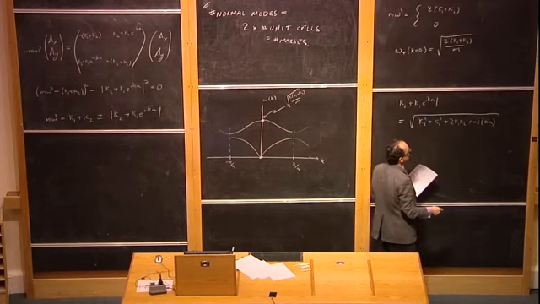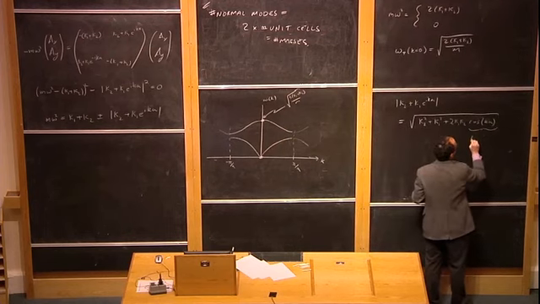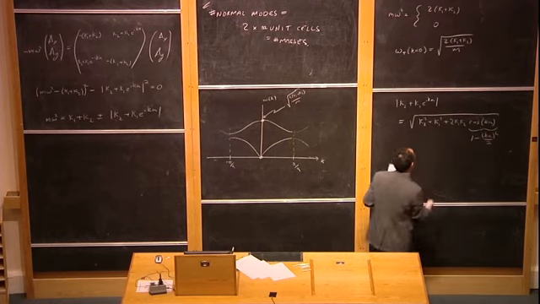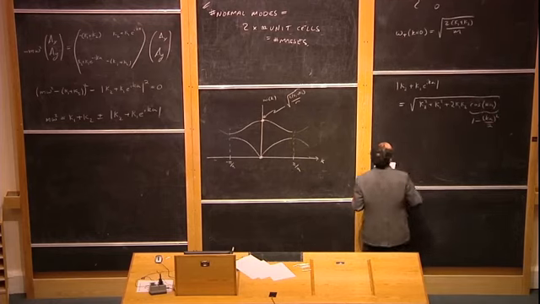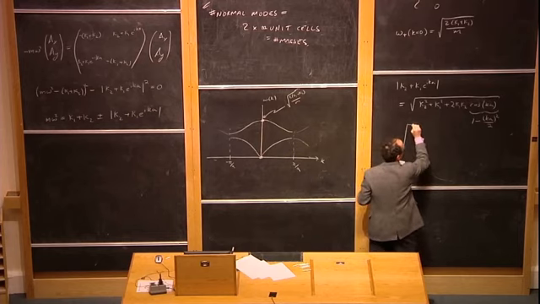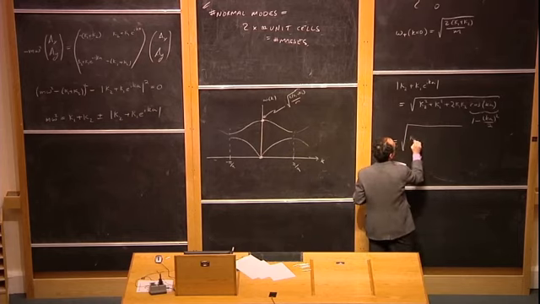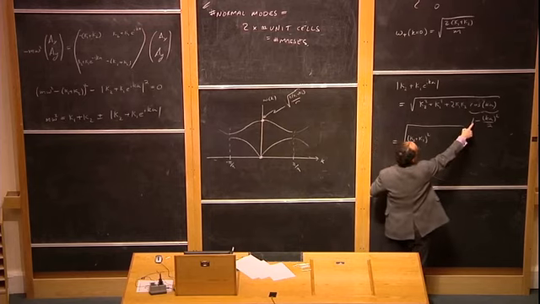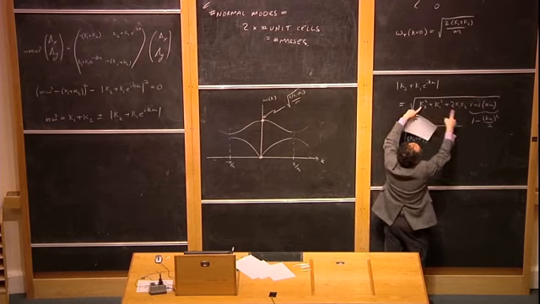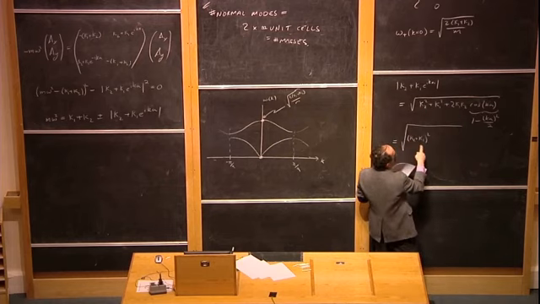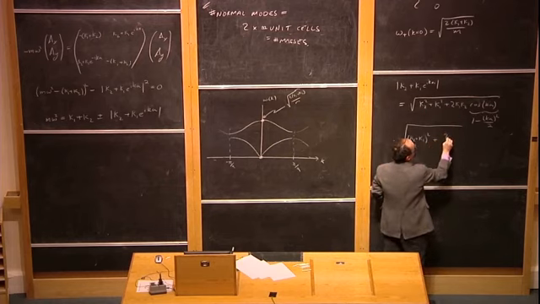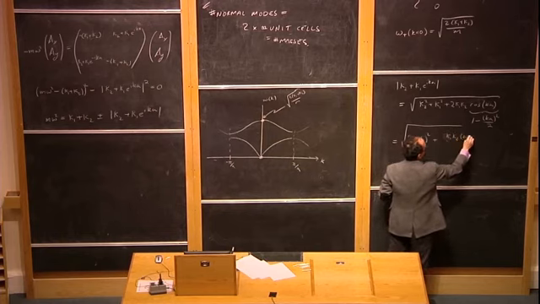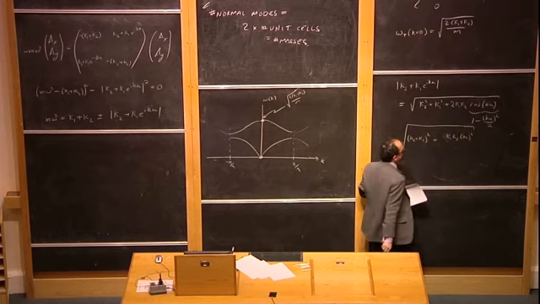And if k is small, we're going to replace this cosine by 1 minus k squared a squared over 2. So then what we have is the square root of the whole thing, of (kappa 2 plus kappa 1) squared. That takes care of the 1 term. When I put together this, this, and this, I get (kappa 1 plus kappa 2) squared. And then what's left over, the 2's cancel, is kappa 1 kappa 2 k squared a squared. Everyone agree with that?